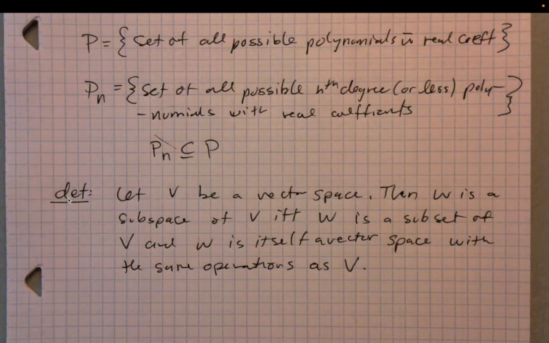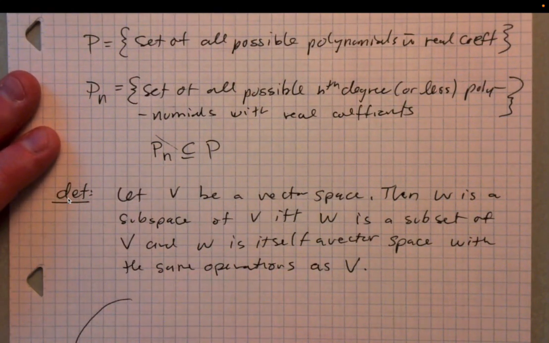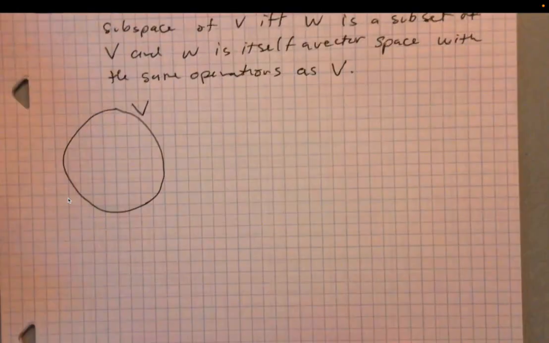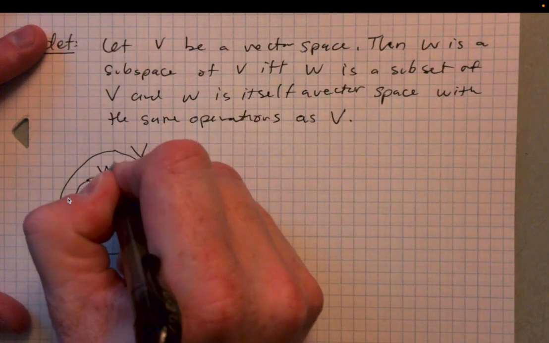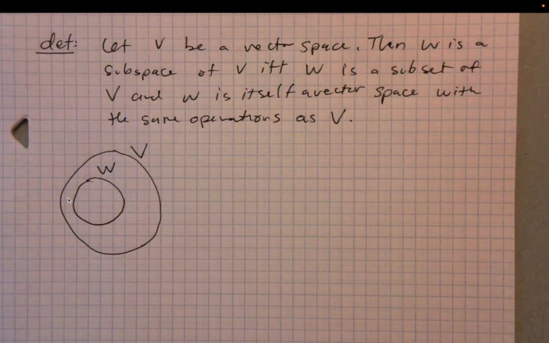So you can think of it like this. If I've got my vector space V, and inside there I've got some subset W, if W is a subspace, then W is literally a vector space inside of another vector space.